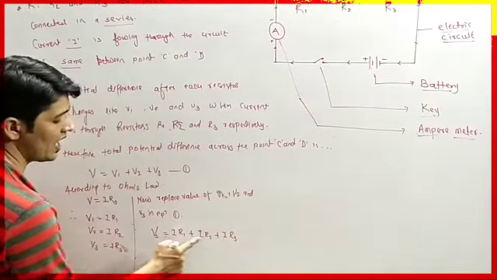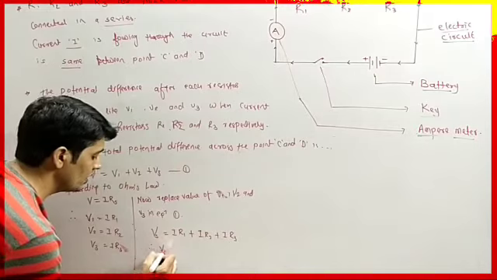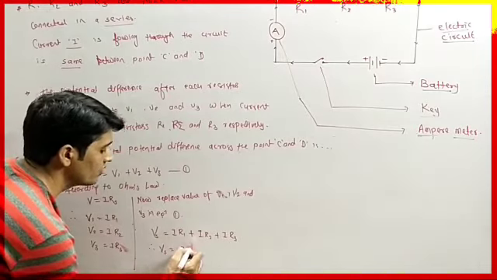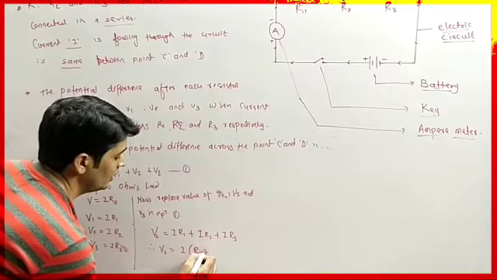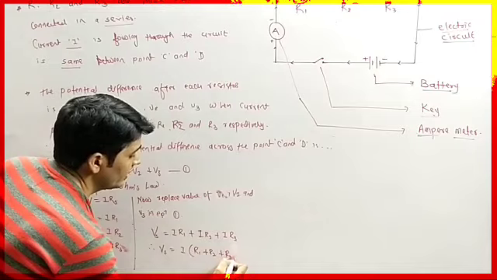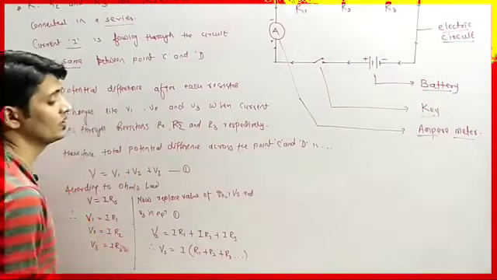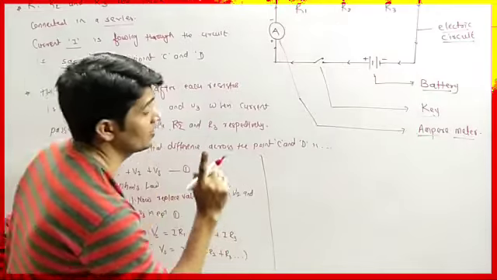Here I is common, so we take it common. Therefore Vs equals I times R1 plus R2 plus R3. We can take n numbers of resistors. Now see the effective resistance in series.